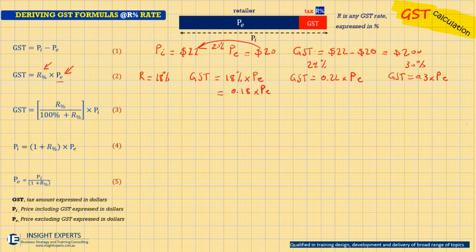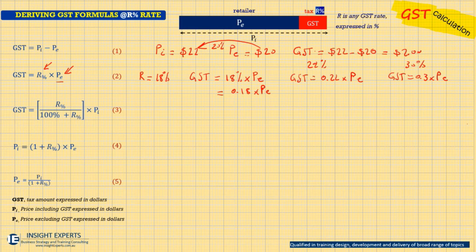Now, equation number 3 is really the interesting one, which requires calculating the GST amount when I have the price after tax. And if you recall from the previous sections, when the rate was 10%, that formula equates to something like GST equals PI over 11. So let's see what the formula looks like when we apply it for any rate.